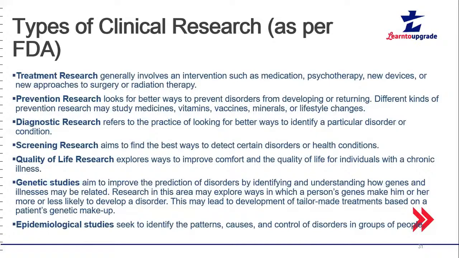These are epidemiological studies. Here we are trying to identify a pattern and the cause, and hence we try to identify a particular disorder. These last few studies which you have seen are basically observational types of studies.